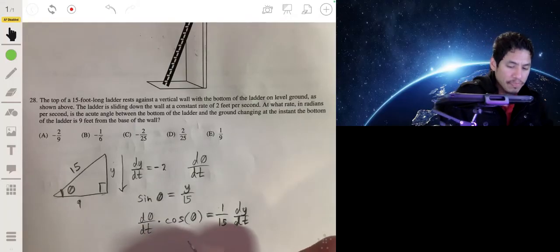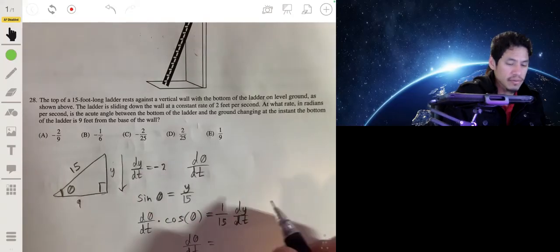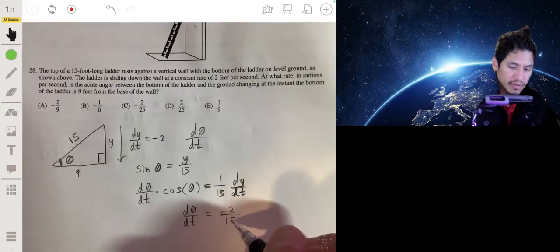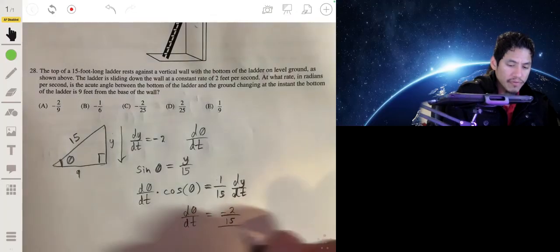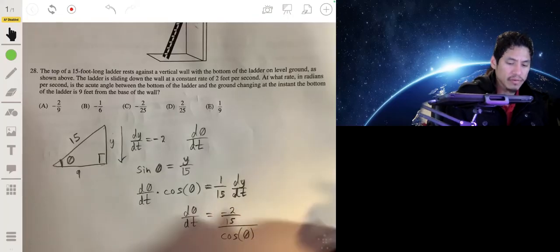So d theta/dt: we know that dy/dt is given as negative 2, so we have negative 2/15 divided by the cosine of that angle.